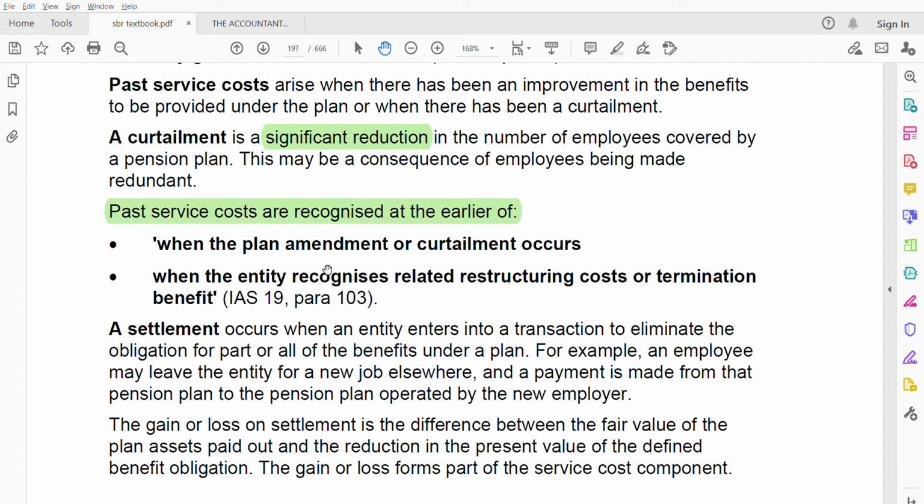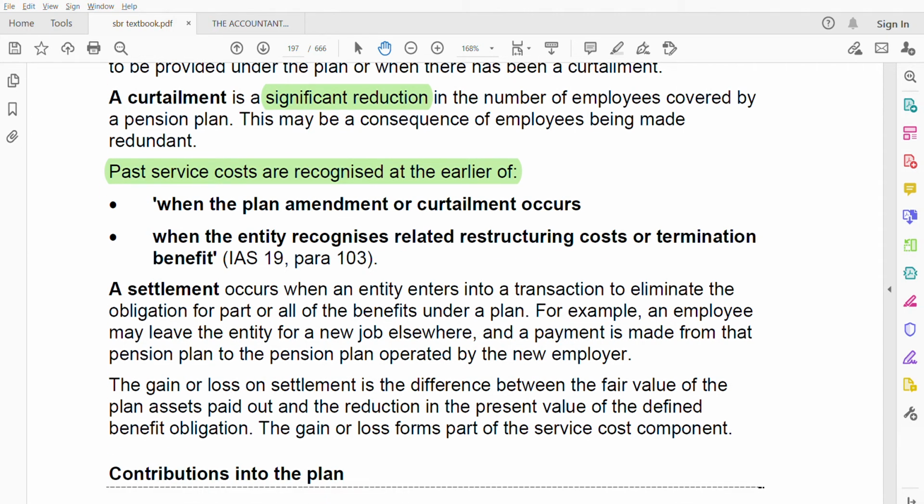Or when the entity recognizes a related restructuring cost or termination benefit. Whichever is earlier of the two, you recognize the past service cost at that date. If you have recognized the restructuring cost before the plan amendment, then the past service cost should be recognized at the date you recognized the restructuring cost. You understand? We'll definitely do a question on this to understand better.